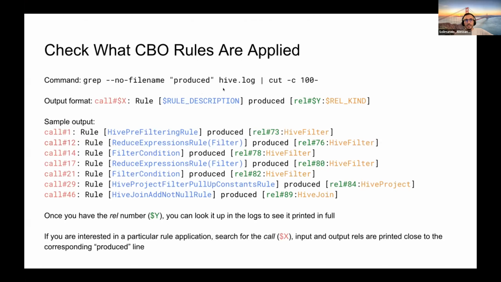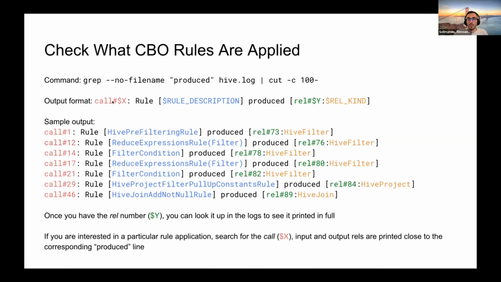So thanks, Stamatis. In the rest of the presentation, we will keep relying on this logging format. So let's take a moment to have a closer look at this format. We have already seen that the produced keyword is used to identify rules that are successfully applied and have produced something.